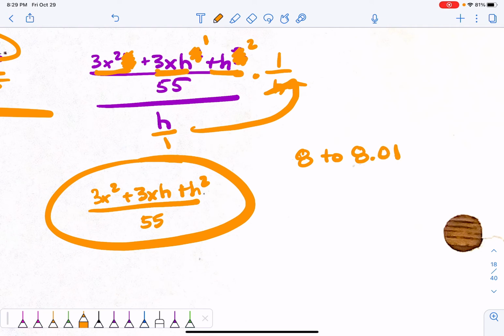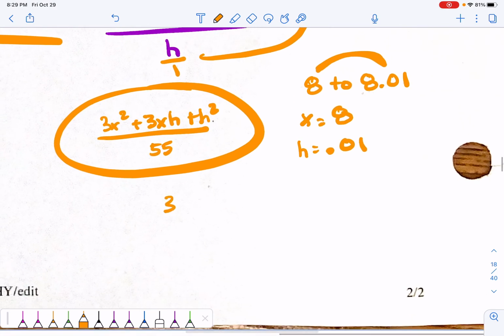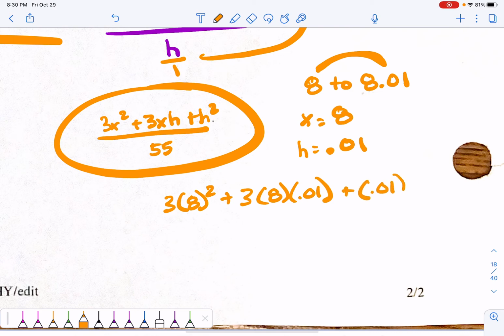So then I just have to identify what x is and what h is. And x is 8. And h is basically the difference between these two, and it's 0.01. So then I just plug those two in there. So 3 times 8 squared plus 3 times 8 times 0.01 plus 0.01 squared, all over 55.